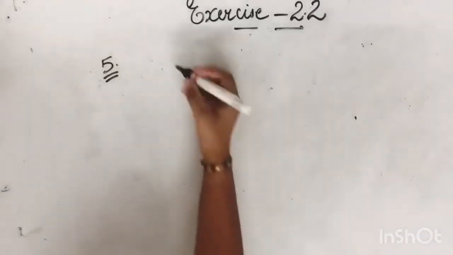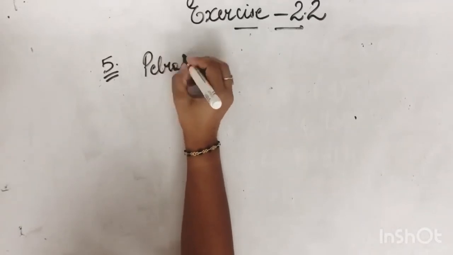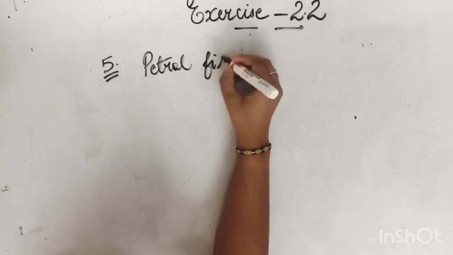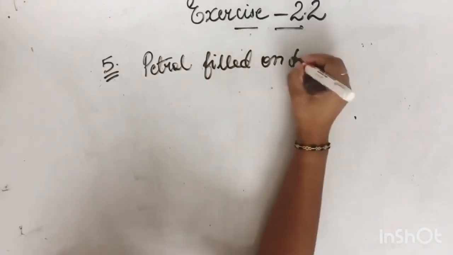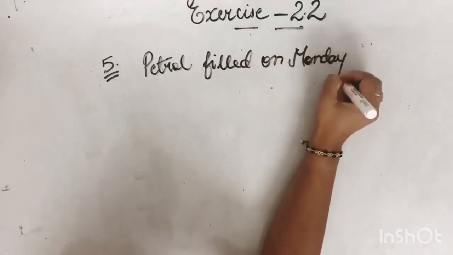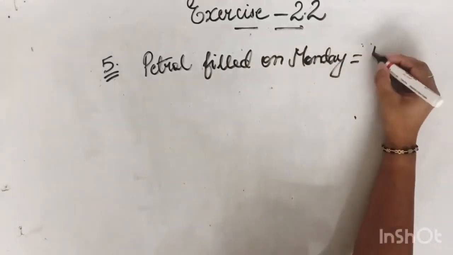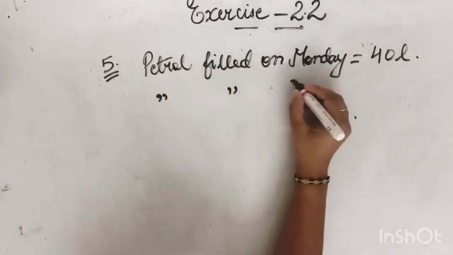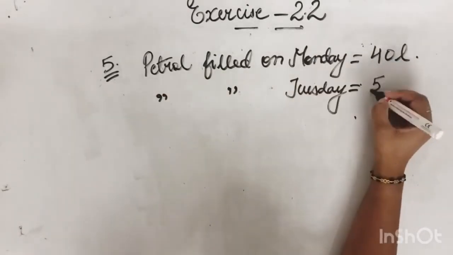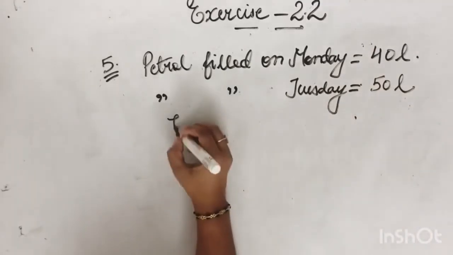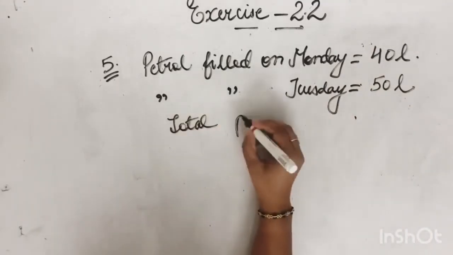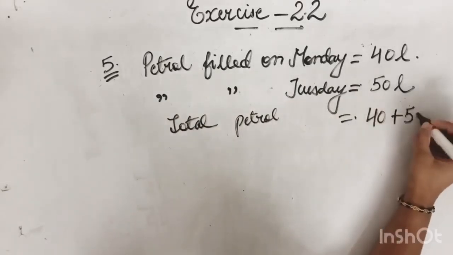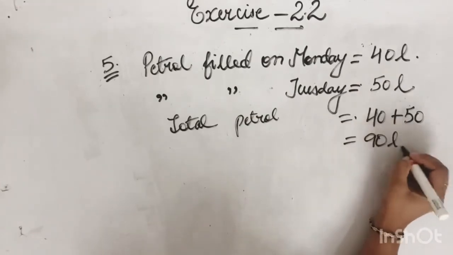Fifth question. So write the statements. It is a word problem. Petrol filled on Monday was 40 liters. Petrol filled on Tuesday, 50 liters. So total petrol will be 40 plus 50, that is 90 liters.